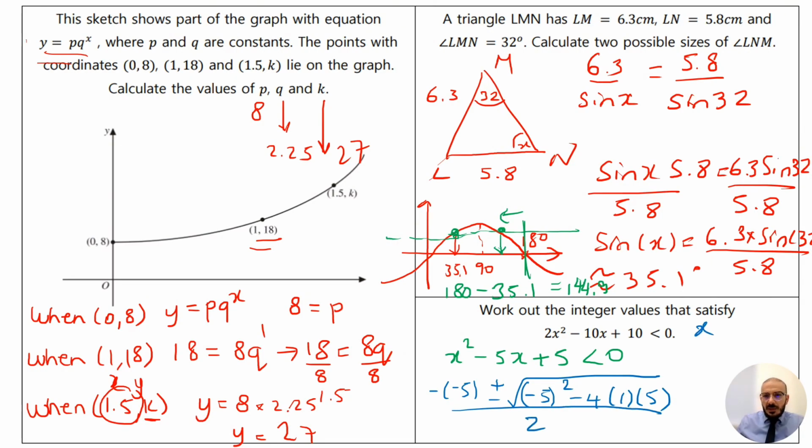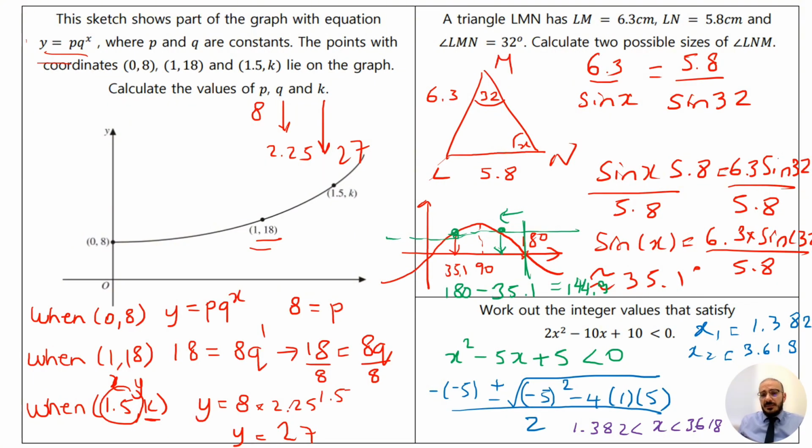I'm going to do it with the positive and a negative, so it will give me 2 possible values, which would be 1.382 something, and then the next one is going to be 3.618 something. So when I write it down as my inequality, I am looking for numbers that are integers between 1.382 and 3.618.